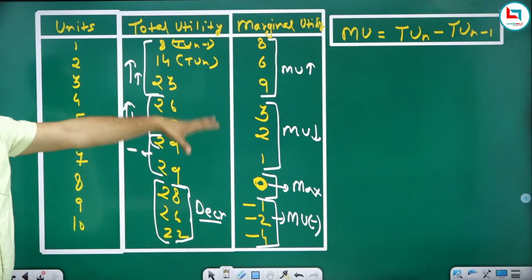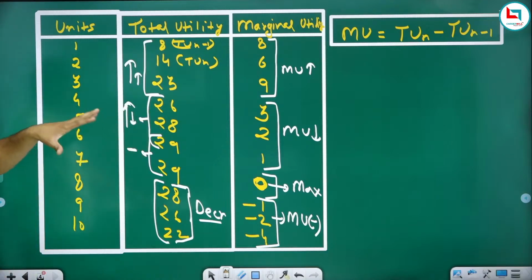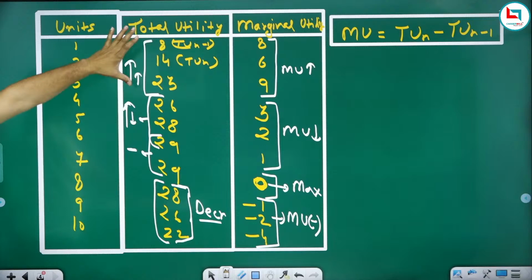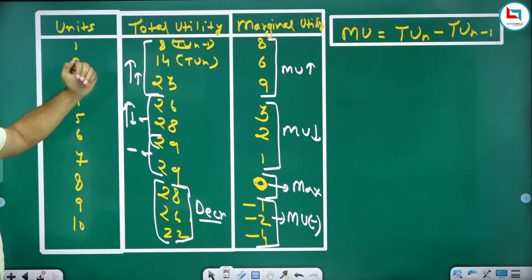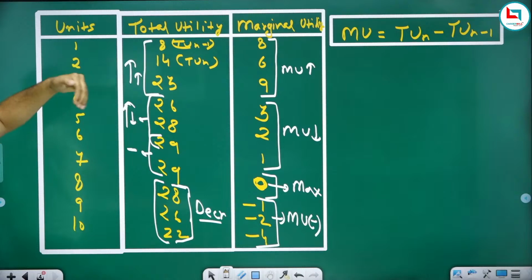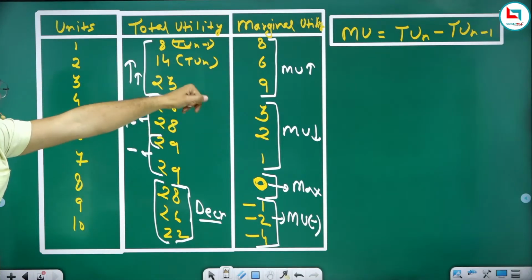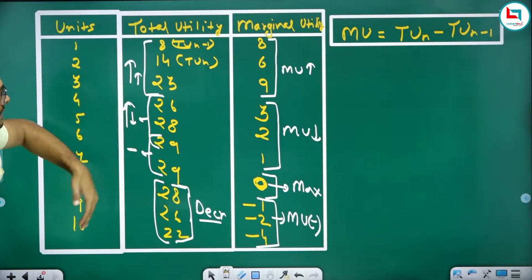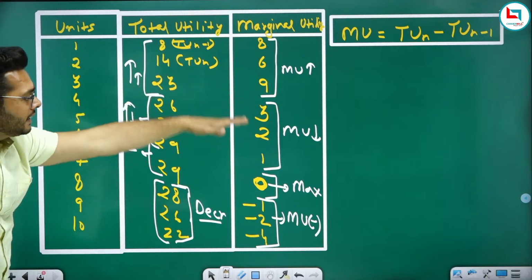So the basic relation that you got is what? At the initial level, when your TU is increasing at an increasing rate, you will have a positive MU, or you can say increasing MU. And when TU increases at a decreasing rate, then you will have a decline of MU.